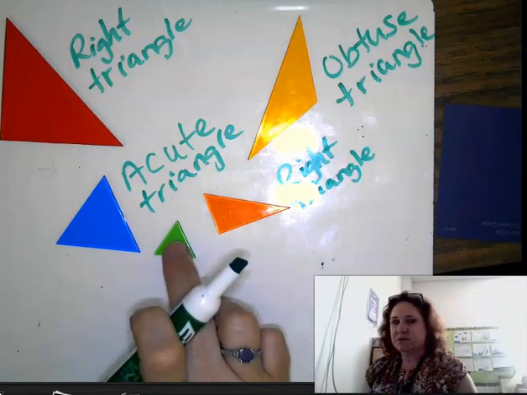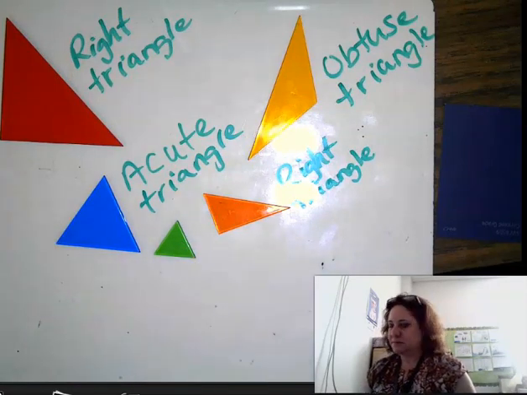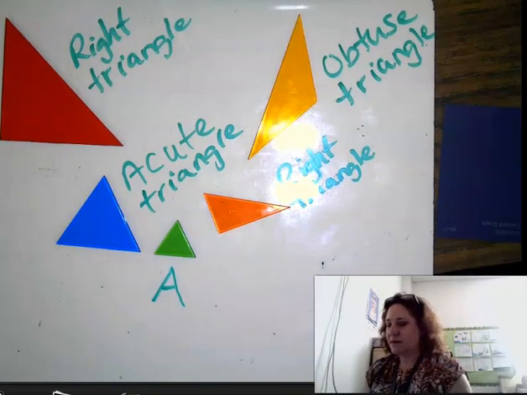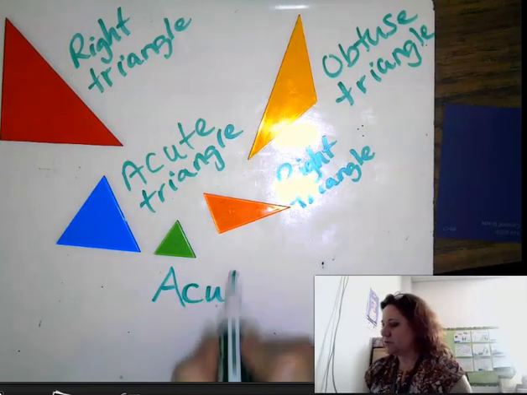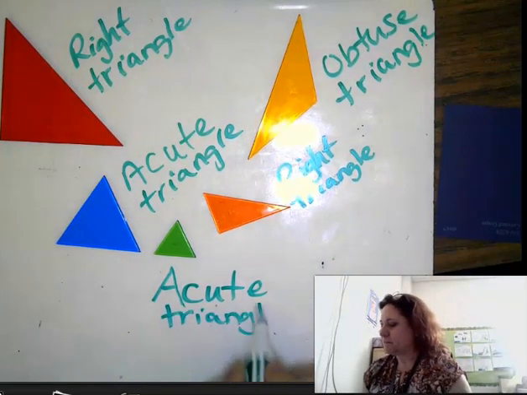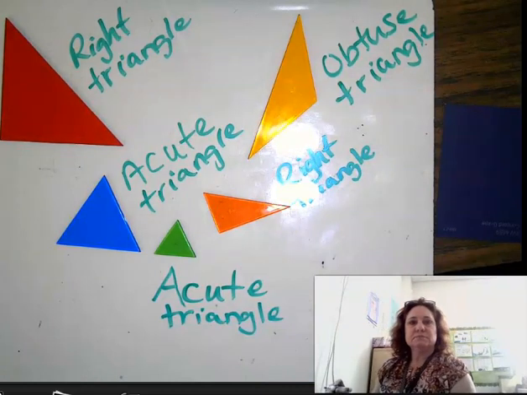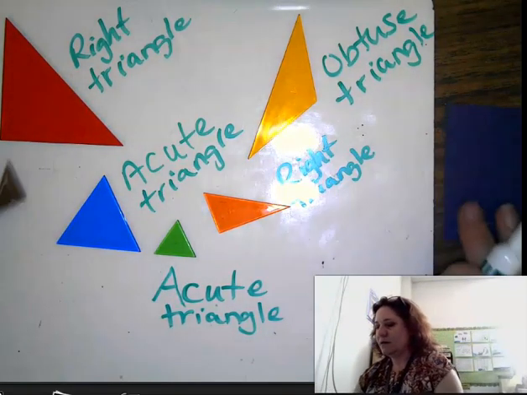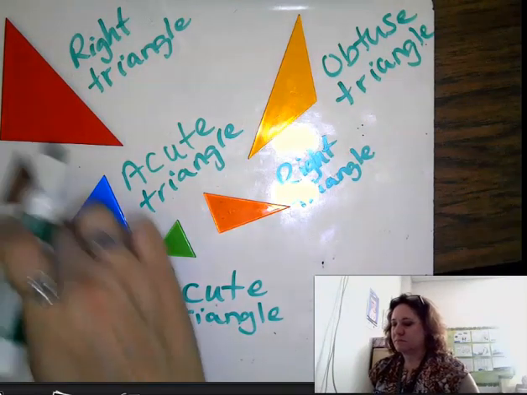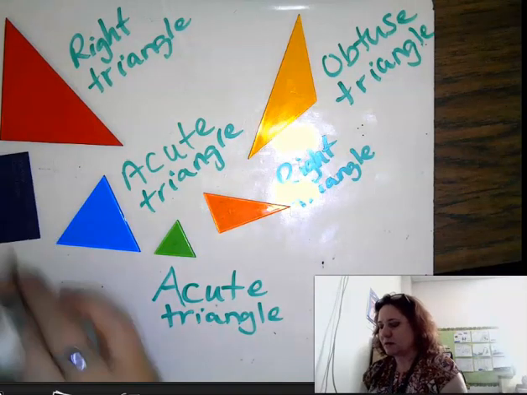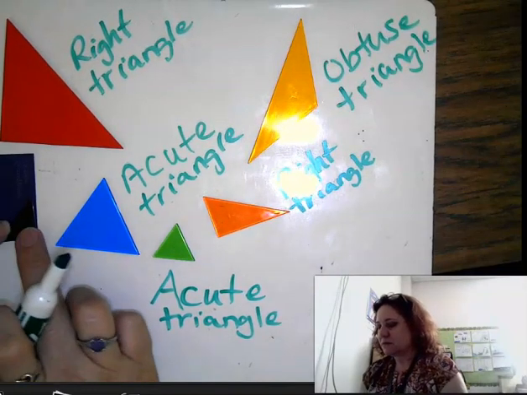It looks very similar to this blue one, doesn't it? It looks like this could be the letter A. This is an acute triangle. And we have one more here. To me, that looks like a right angle. I'm going to double check. Yes, it is.